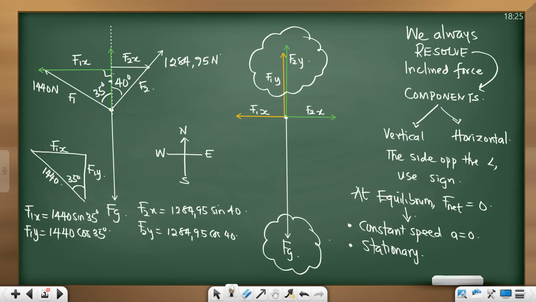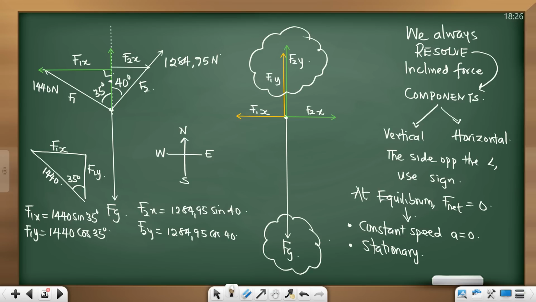Sir, hi. I have a question. Please do ask away. Sir, remember you used to say that we should resolve the angle, and when we do that, we should look from the horizontal. So for F2, why don't you say that it's 1,285.95 sine 50?